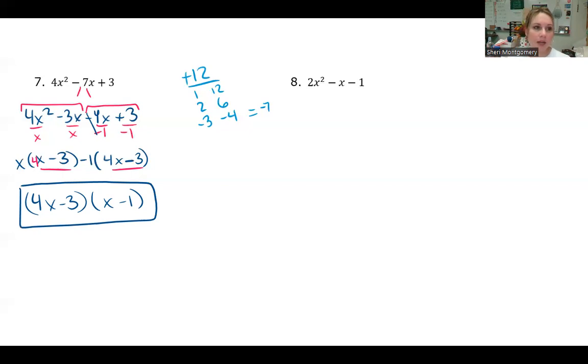Okay, so the next one, we have to multiply A times C. So 2 times negative 1, we get negative 2. We've got to find factors, 1 and 2. And we need to make sure that they fit together and give us a negative 1. How are we going to get negative 1?